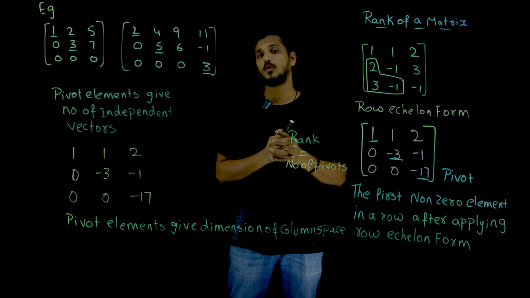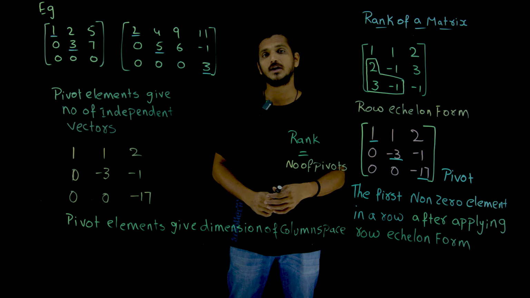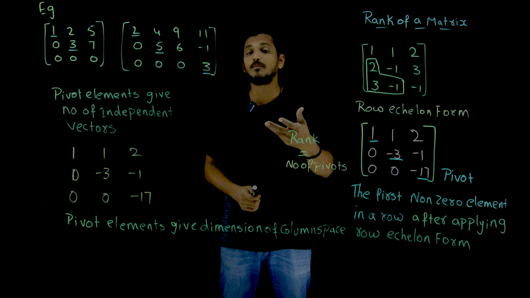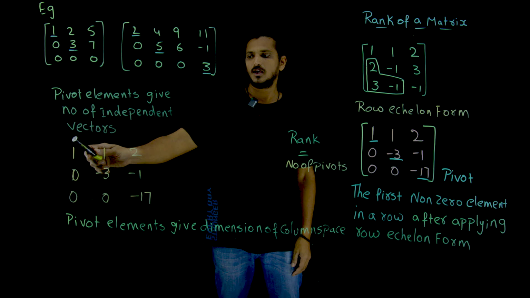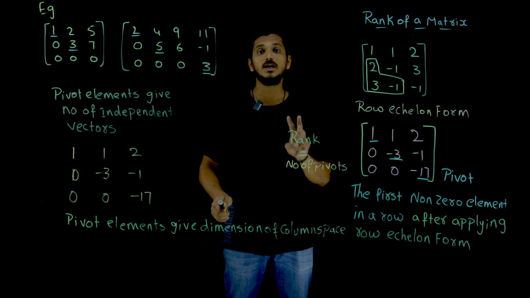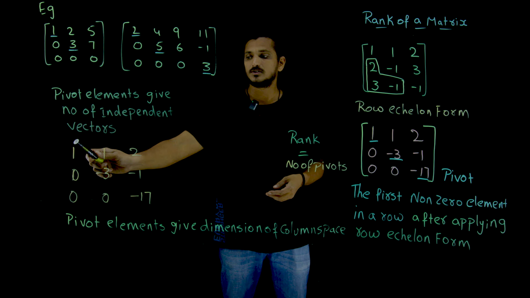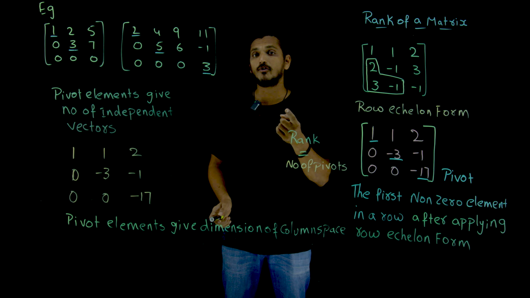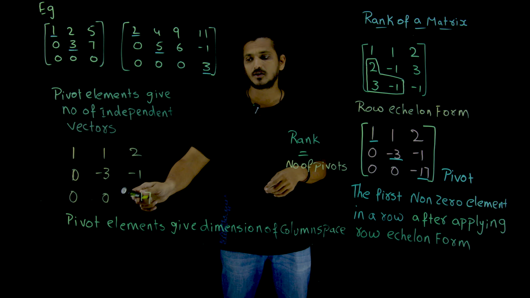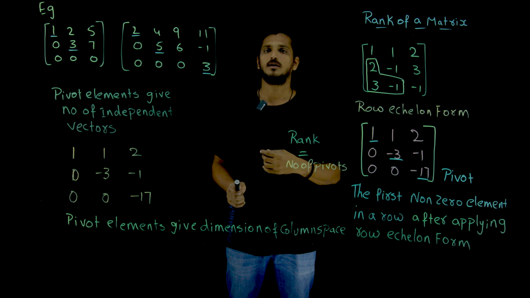And one more important point you need to understand. Pivot elements are giving the number of independent vectors. What we have known from our previous classes, independent vectors means, how many independent vectors are there? 3 independent vectors are there. Each vector is in a 3-dimensional coordinate system. So what's the vector space these 3 vectors are going to cover?